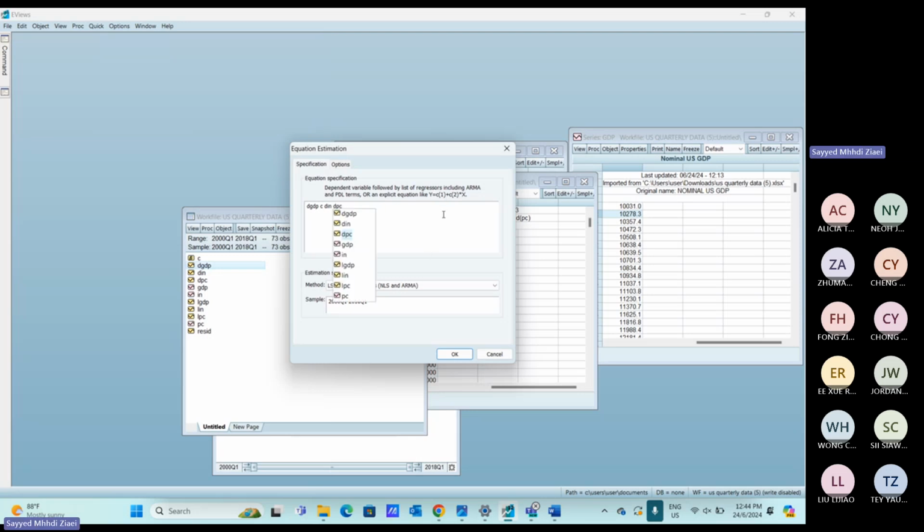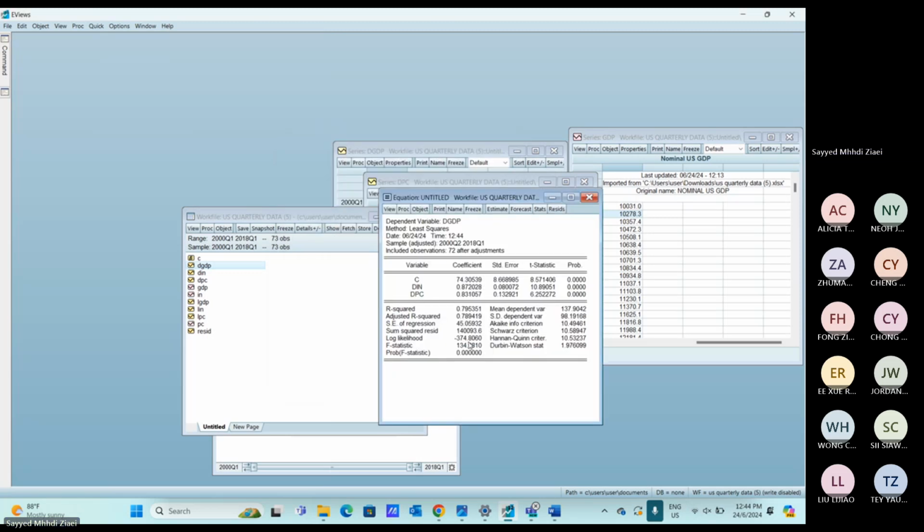Let's see how the result is. Okay, now see the result. Investment is not negative anymore. Now investment is positive. Consumption is positive. All coefficients are significant.